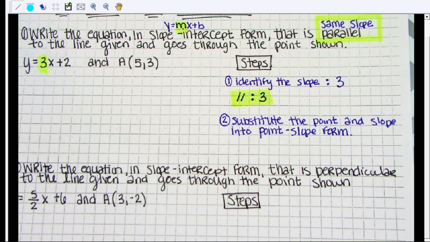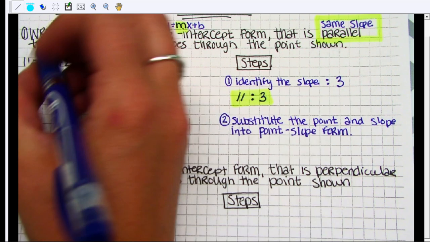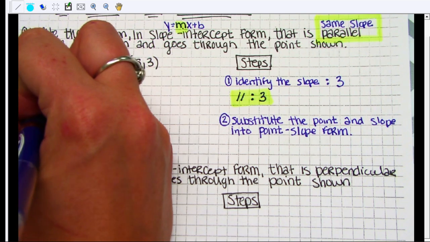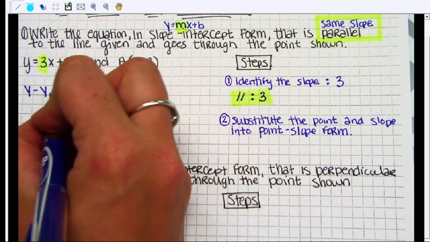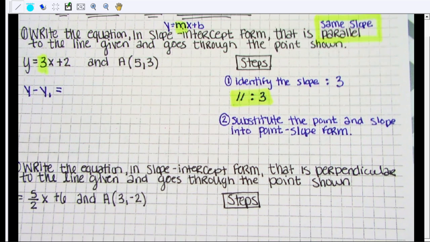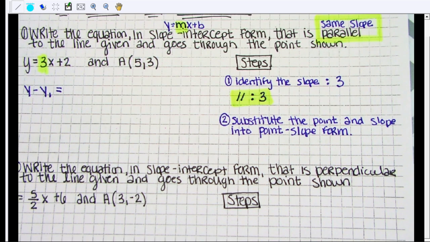All right. So let's go back. What is point slope form? Okay, y2 minus y1 over x2 minus x1 is slope. I want the equation of a line which has to have x and y in it. Y minus y1. Good.